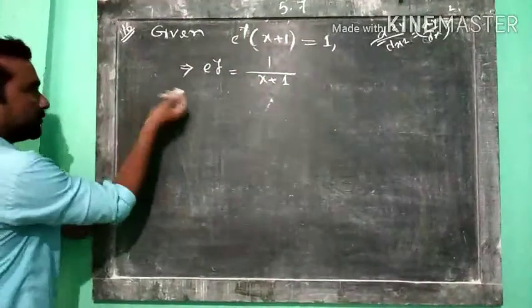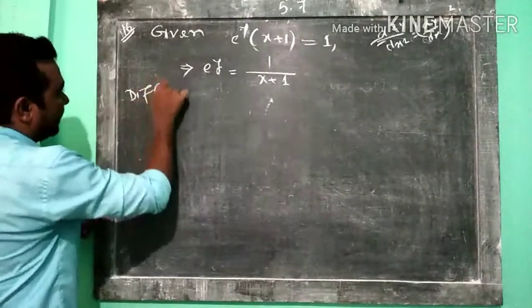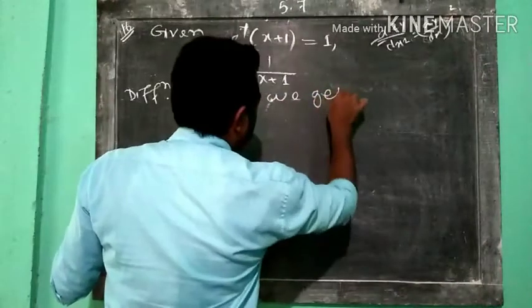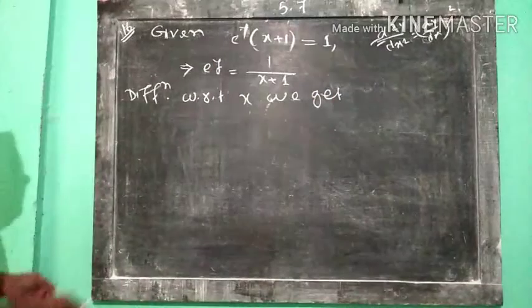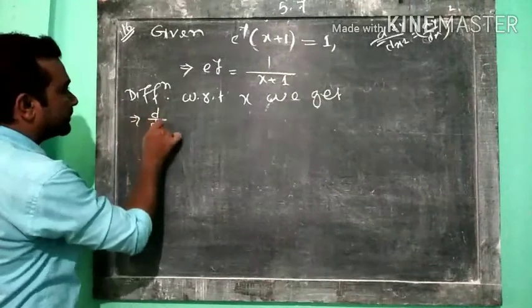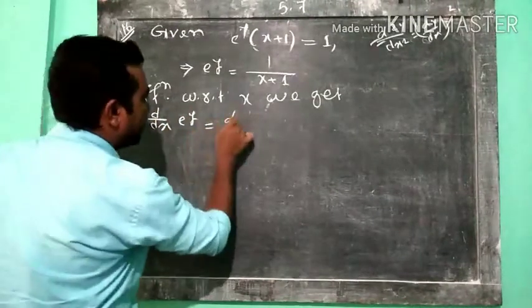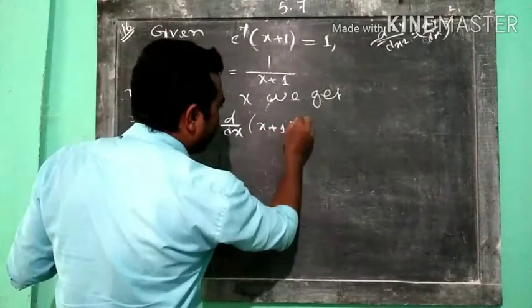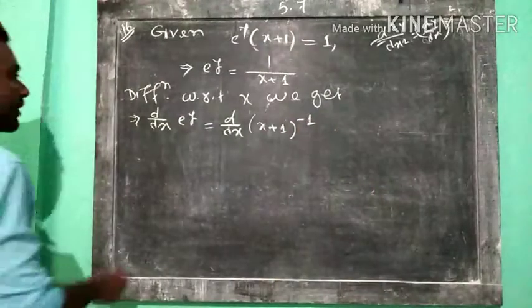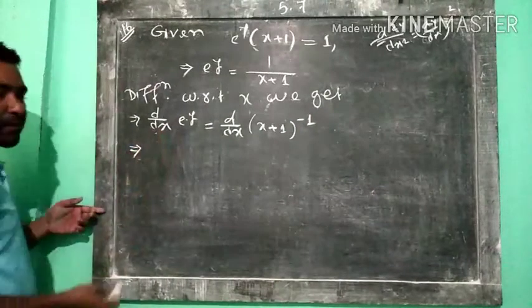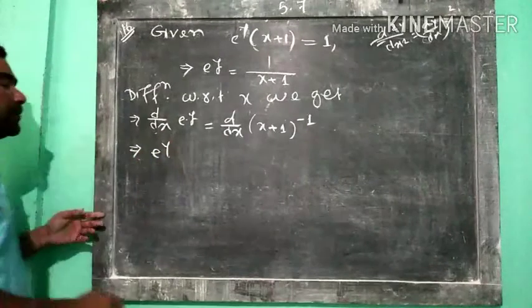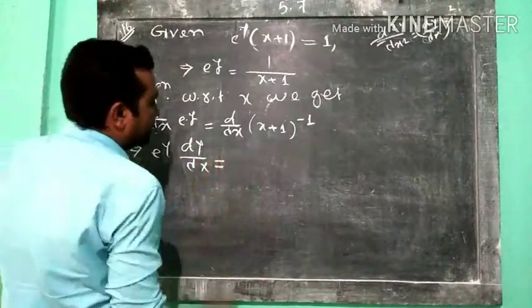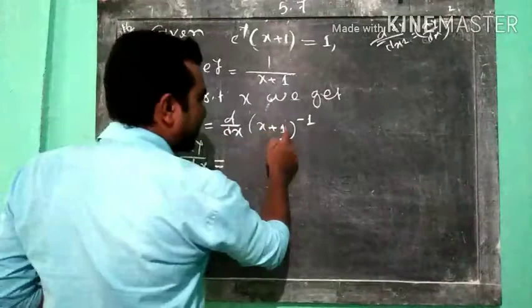Now differentiating with respect to x, d/dx of e to the power y is equal to d/dx of x plus 1 whole to the power minus 1.